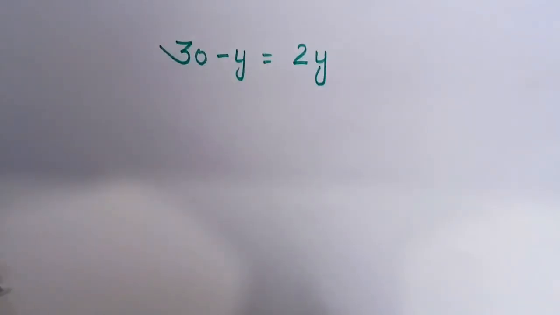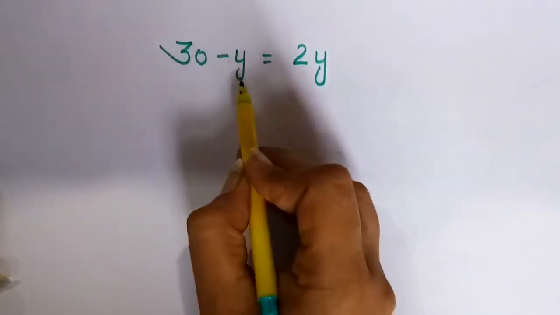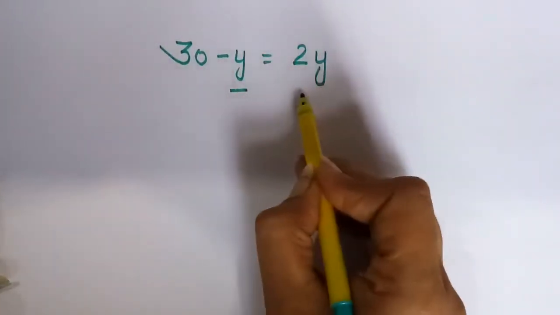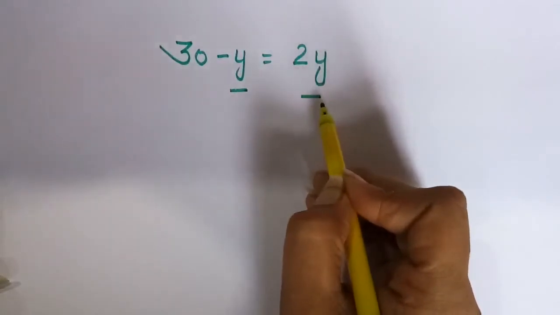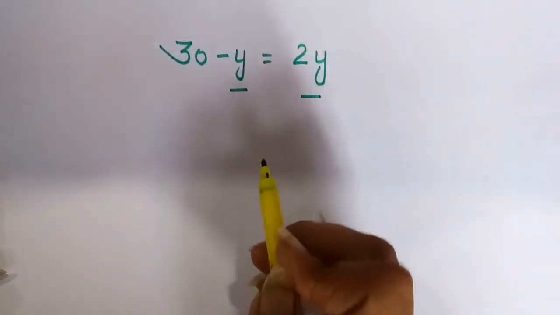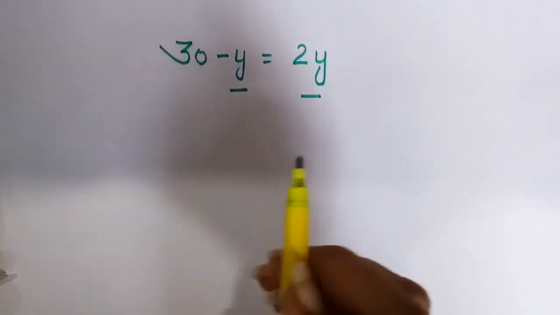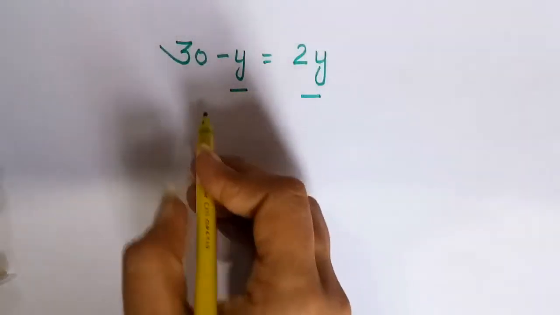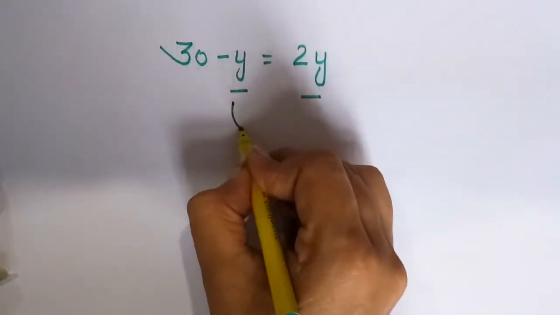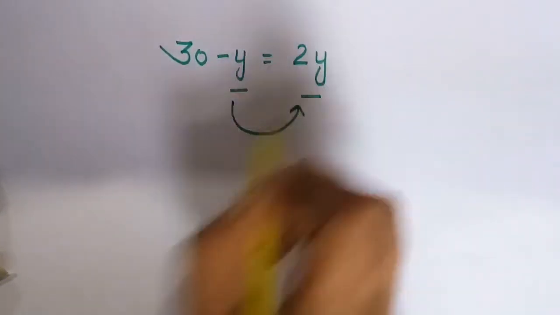Let's take one more example. 30 minus y is equal to 2y. There are 3 terms in this equation, but 2 terms are there with the same variable, that means y. Hence we will arrange this equation in such a way that y should make one term. So now we have to shift negative y from left hand side to right hand side.